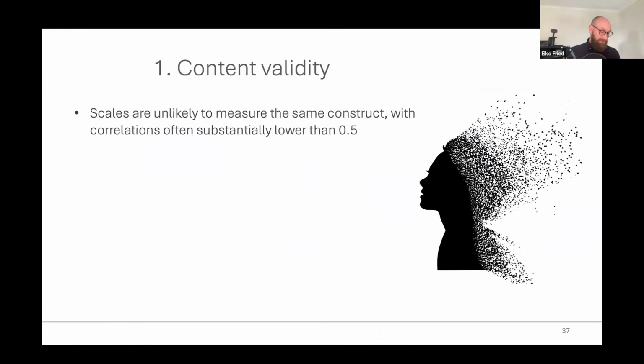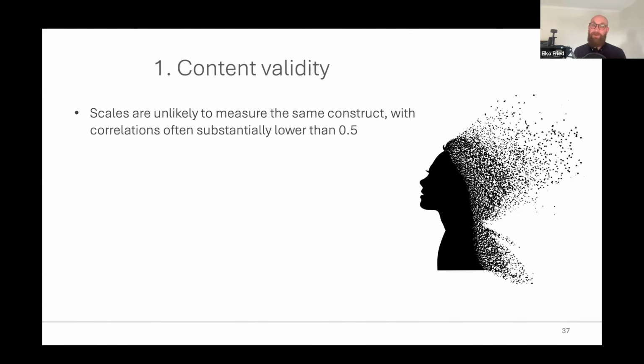Wrapping it up here for content validity, I think it's reasonable to say that based on the symptom overlap and lack thereof, different depression scales do not measure the same construct, which is a big problem because they are used as being interchangeable in the literature. People don't say, we found a correlation between the hippocampal volume and the Beck Depression Inventory.